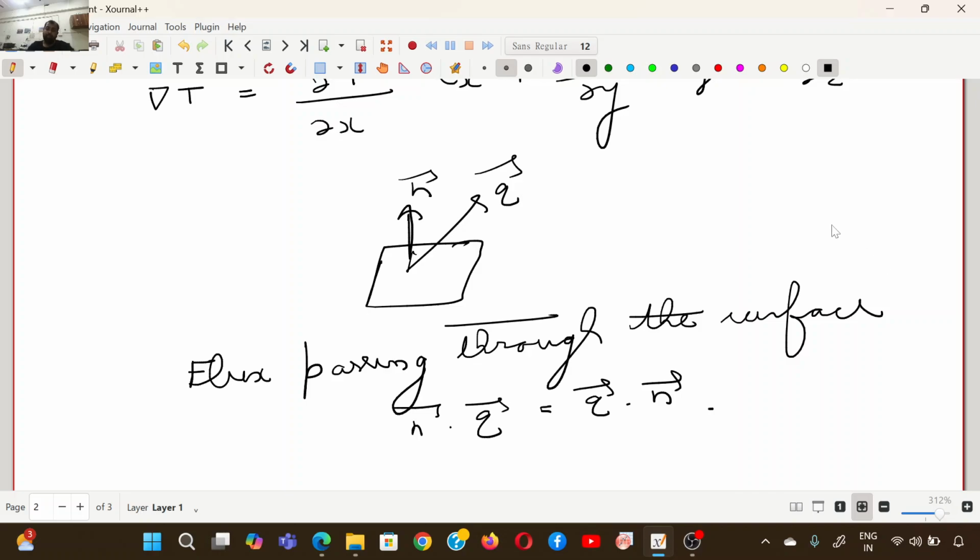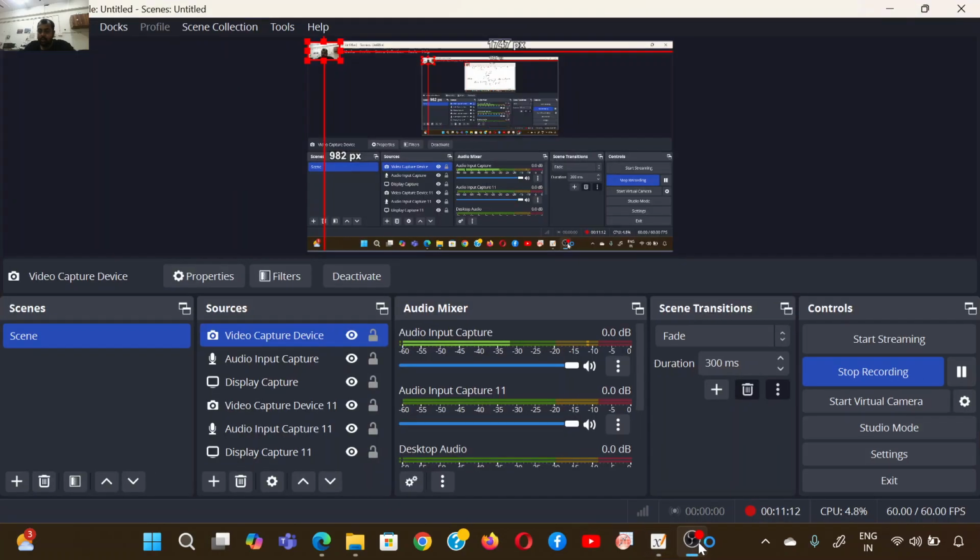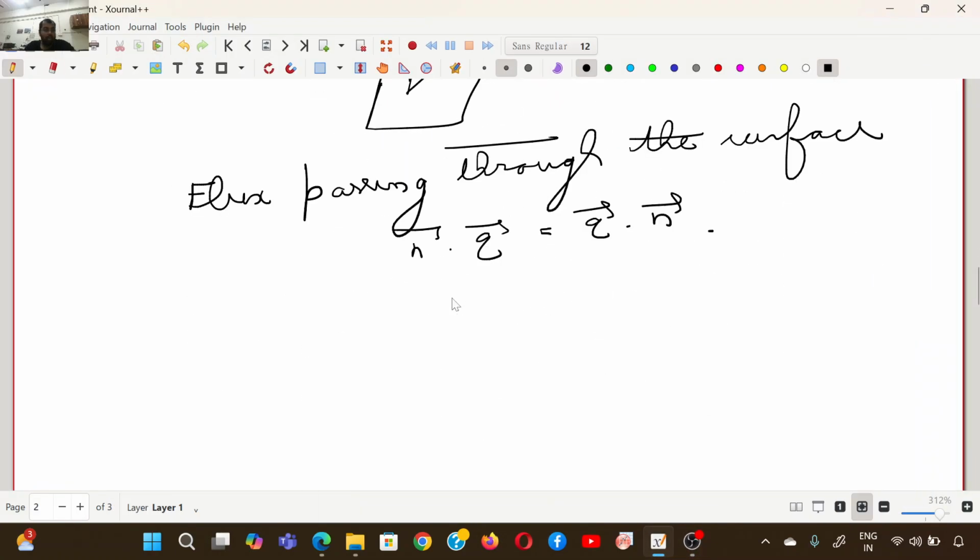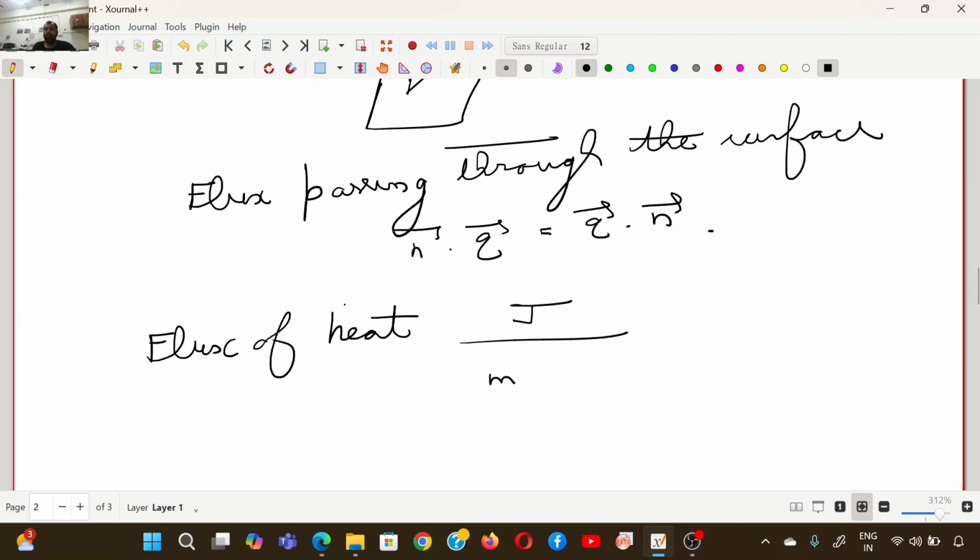What is the unit of flux of heat? Flux of heat is joule, the unit of energy, divided by unit area divided by unit time.